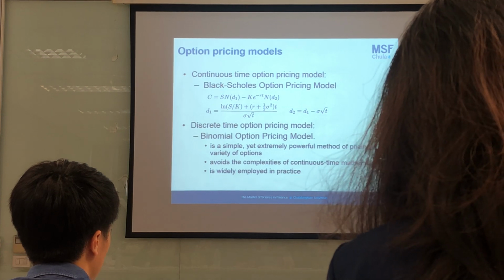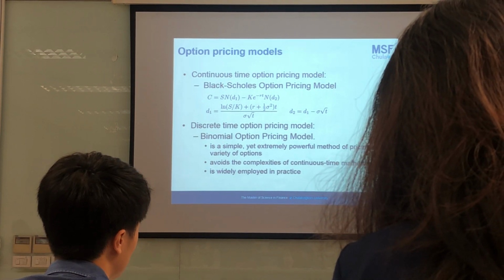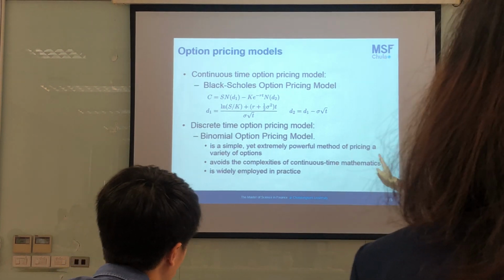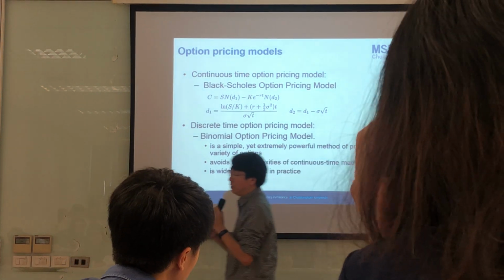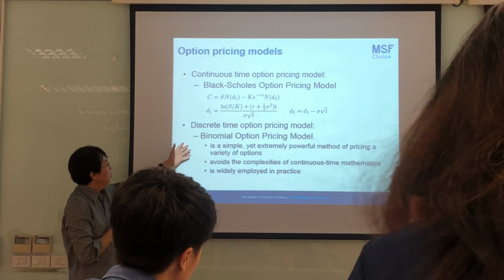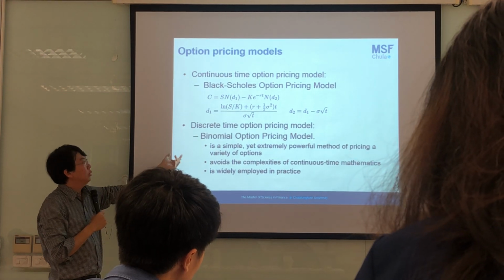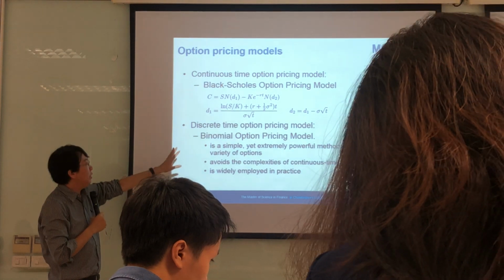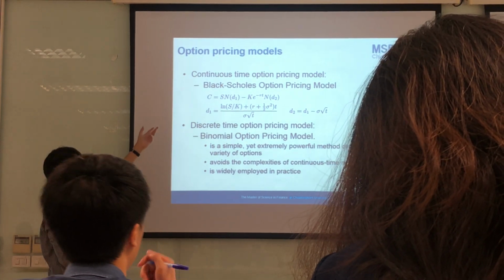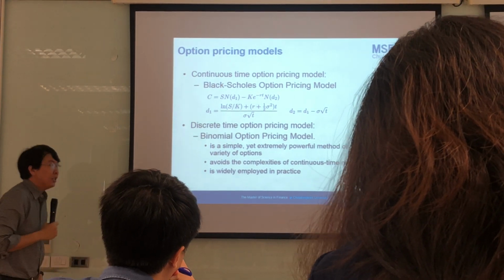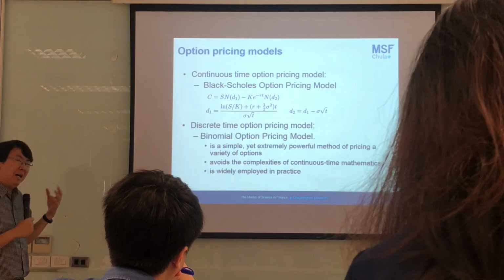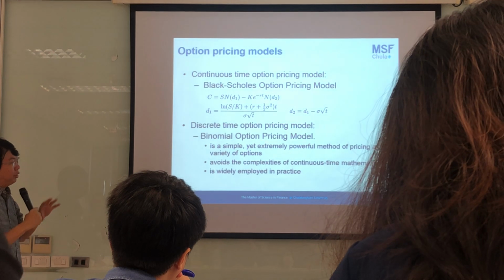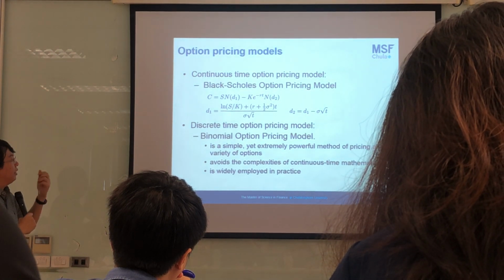However, in our class here, we will not use the closed form formula, but we will use another approach, the discrete time option pricing model. Any questions about Black-Scholes? In practice, Black-Scholes is hard to implement because it has many assumptions.